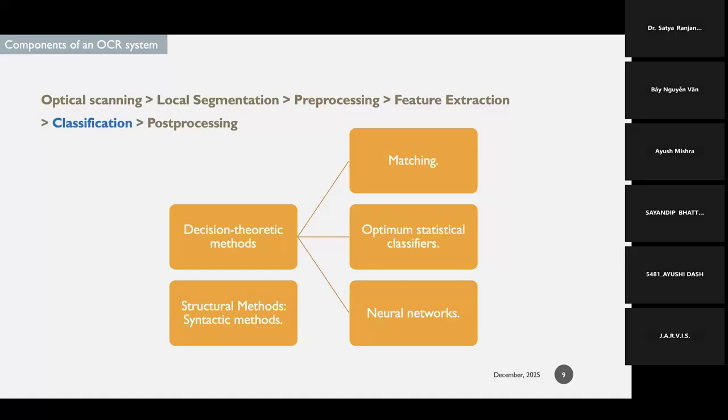Third is the neural network, which we use a lot today. Recently, the use of neural networks to recognize characters and other types of patterns has resurfaced. Considering the backpropagation network, this network is composed of several layers of interconnected elements, and a feature vector enters the network at the input layer.